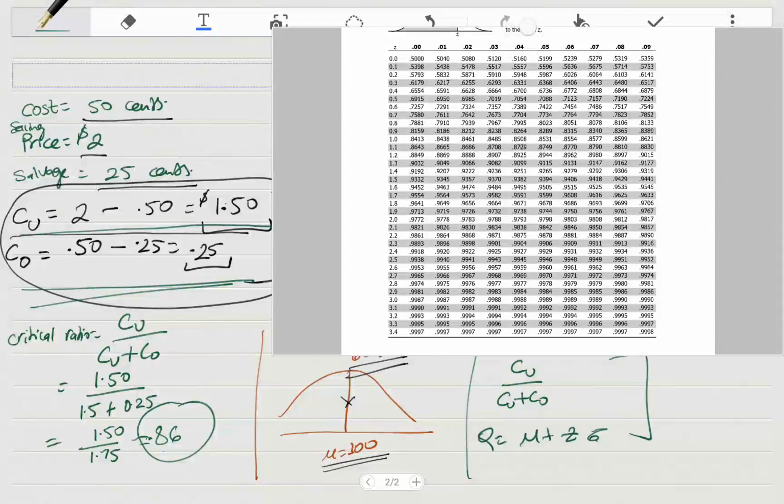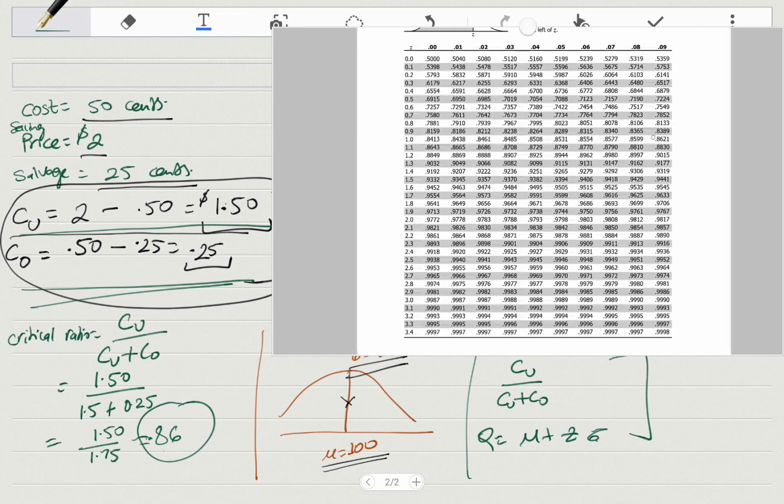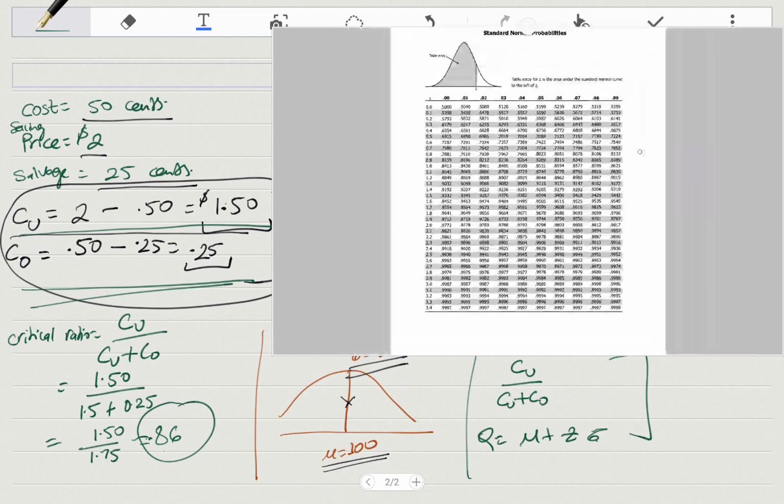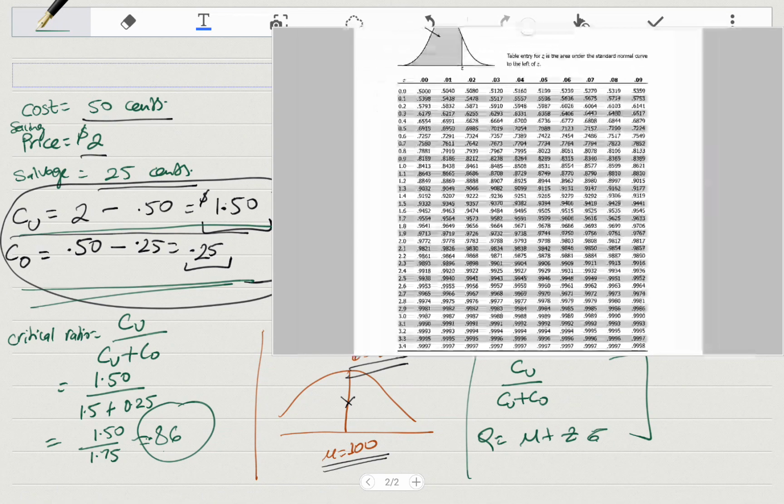You can see 0.86 is around 1.09 on the positive side.